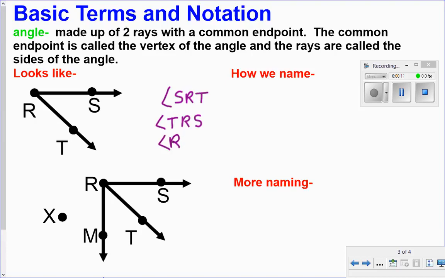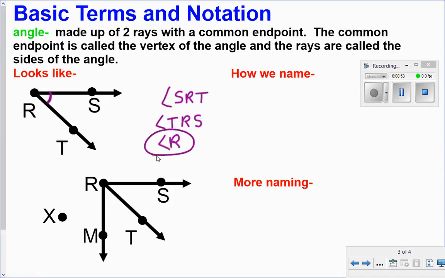Now, the reason I'm able to use just 1 letter is because in this diagram I only have 1 angle. There are no other angles in the diagram. So when I say angle R, it's very clear that I'm talking about this angle right here. However, in this diagram there are now several different angles located at vertex R. So when a diagram looks like this, you are not allowed to name the angle using just 1 letter like we did up here.